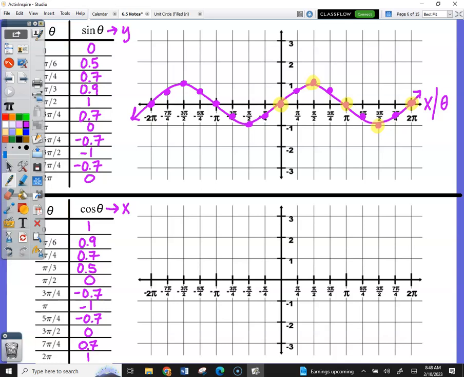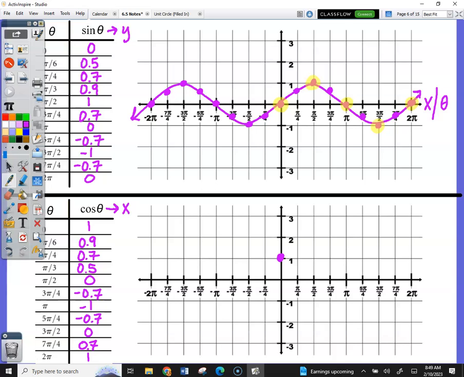All right. Now we're going to graph it. So 0, 1. Pi over 6 is not an option, okay? This is hitting all of the 45 and quadrantal angles. It doesn't hit the 30 and 60 angle marks.